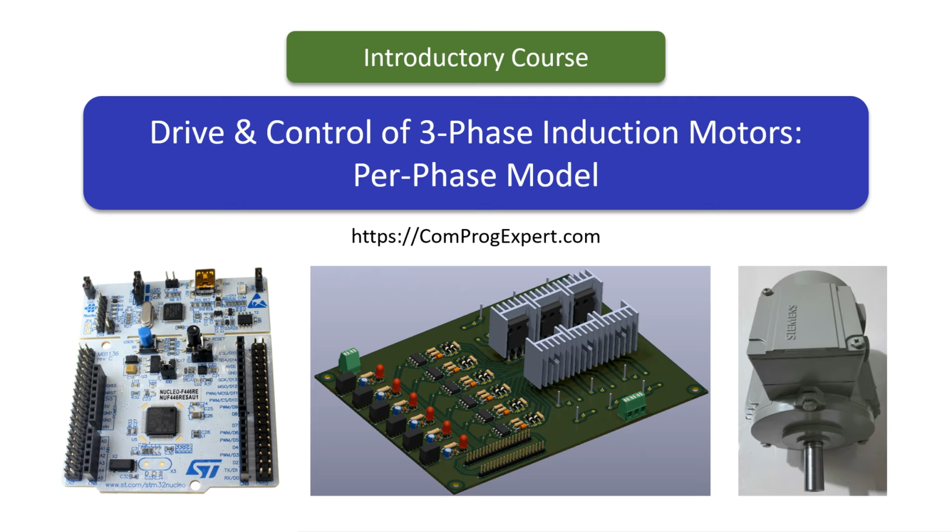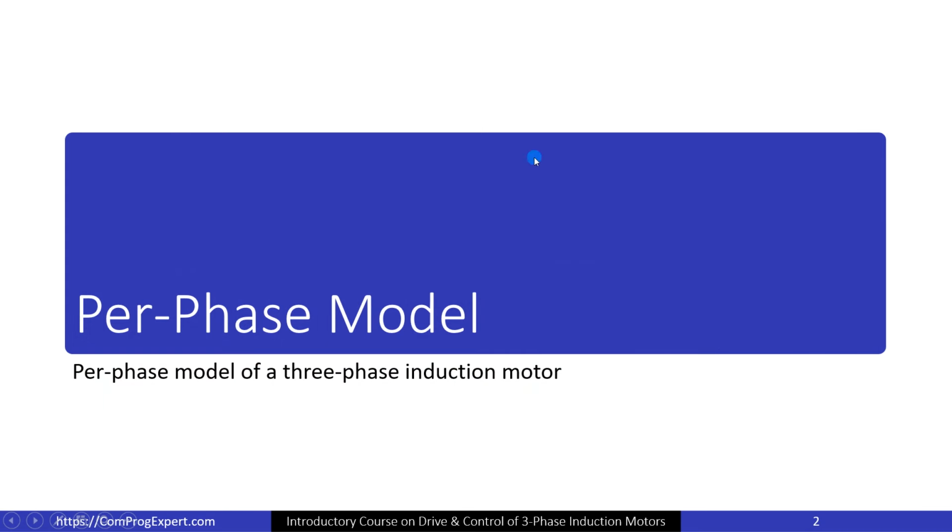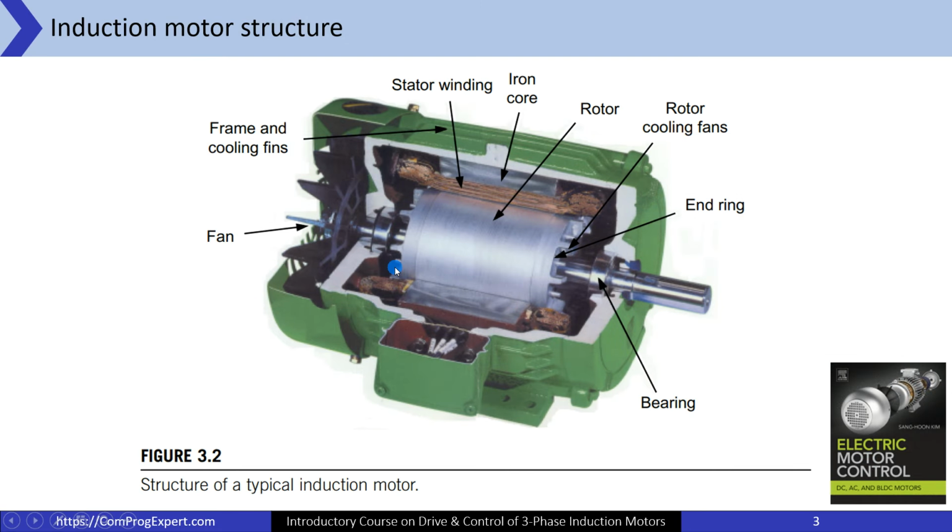Here the focus is on steady state performance, and in the next part, when we discuss the two-axis model of the motor, we can evaluate the dynamic performance of the motor. Anyway, let's start the derivation of the per phase model of the motor.